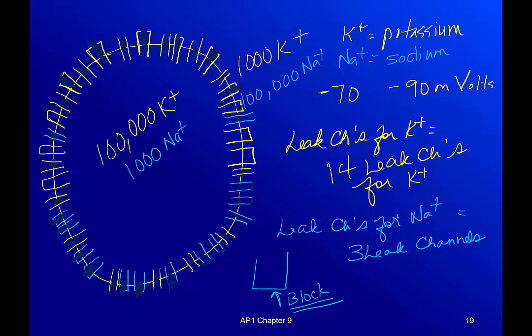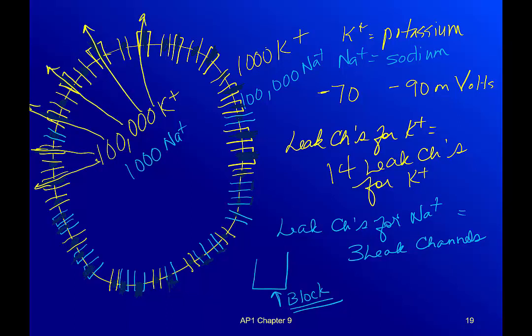Remember, this is diffusion, so it only goes from high to low. So if I have 100,000 inside and only 1,000 outside, high would be 100,000, low would be 1,000. So it would be moving from inside my cell to outside of my cell. So all of a sudden, this potassium that's at 100,000 starts getting basically kicked out of my cell.